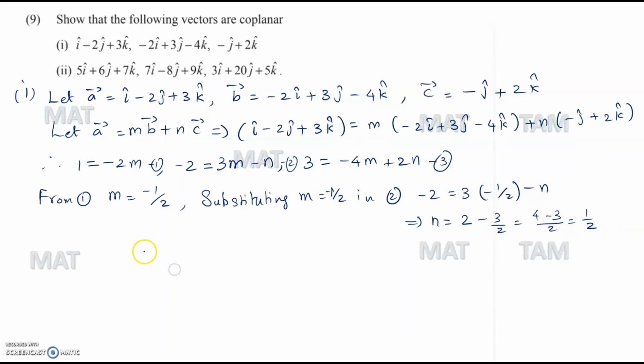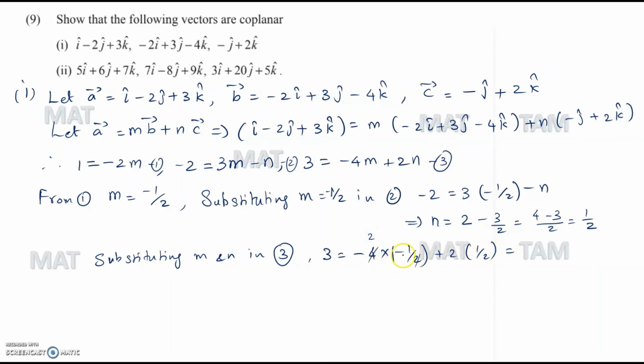Further substituting the values of m and n in 3, we get 3 is equal to minus 4 times minus 1 by 2 plus 2 times 1 by 2.